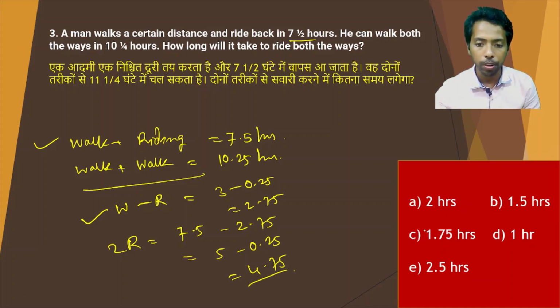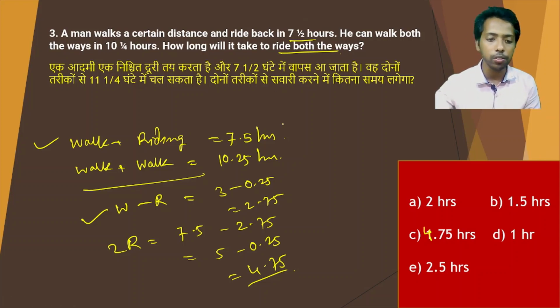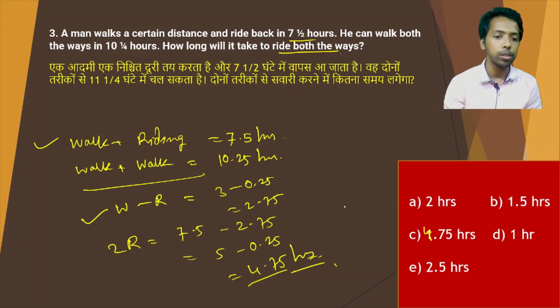This is not 1.75 but 4.75. The question asks how long it will take to ride both ways, so this is it. Walk plus riding minus walk minus riding, so 4.75 hours it would take, right?